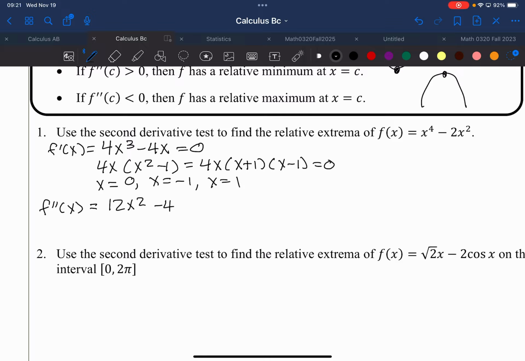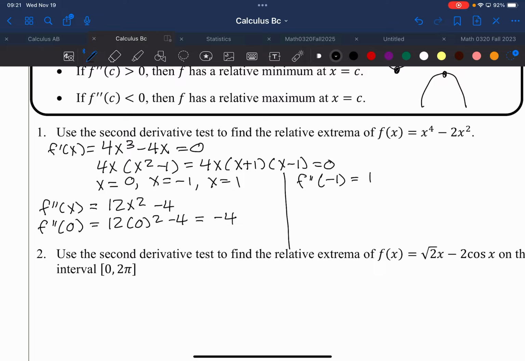Okay, so I'm first going to plug in 0. So f double prime of 0 means I have 12 times 0 squared minus 4, which gives me 0 minus 4, which is negative 4. Then I'm going to plug in negative 1. Let's go in the order, negative 1.